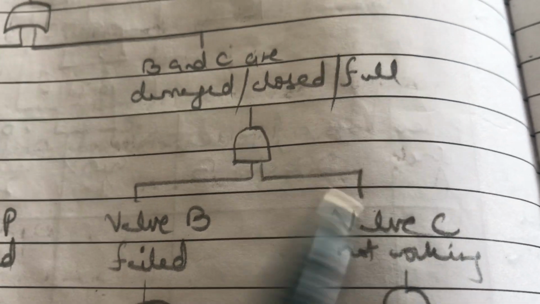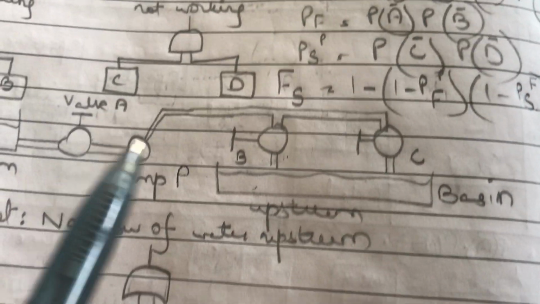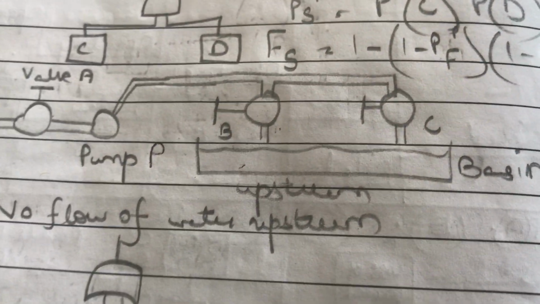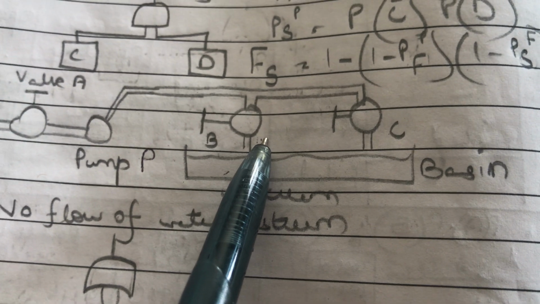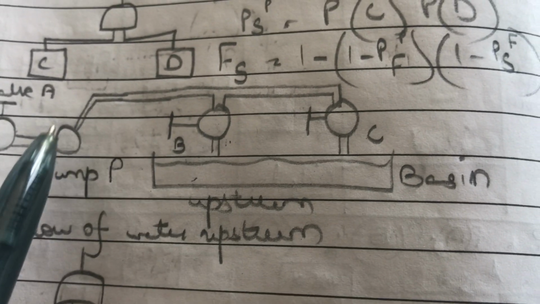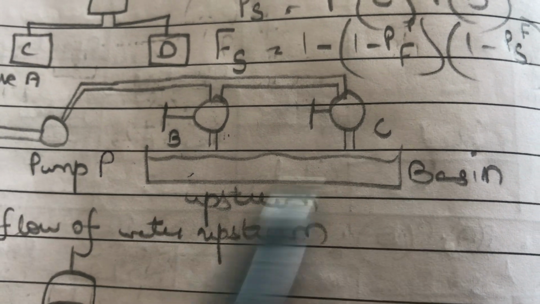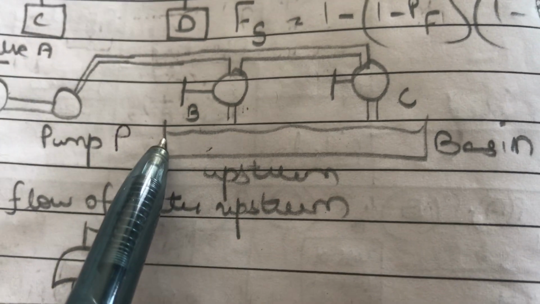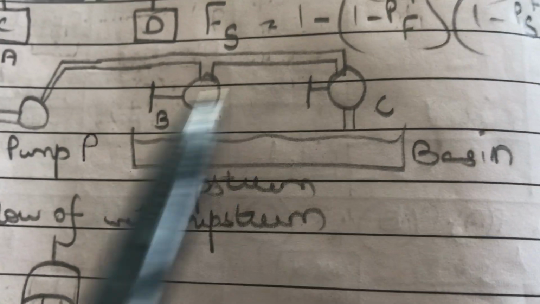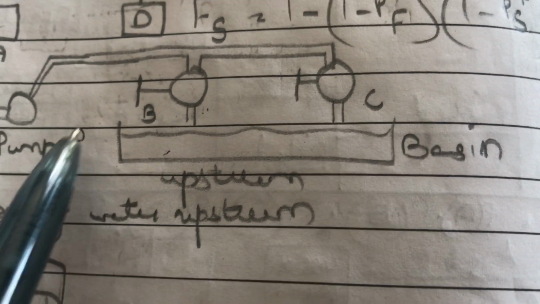Look at the diagram: if we have this working and this is not working, the water can flow from this, so the basin can be filled. In the same way, if this is working and this is not working, the water can flow from valve C, so the basin again would get water.